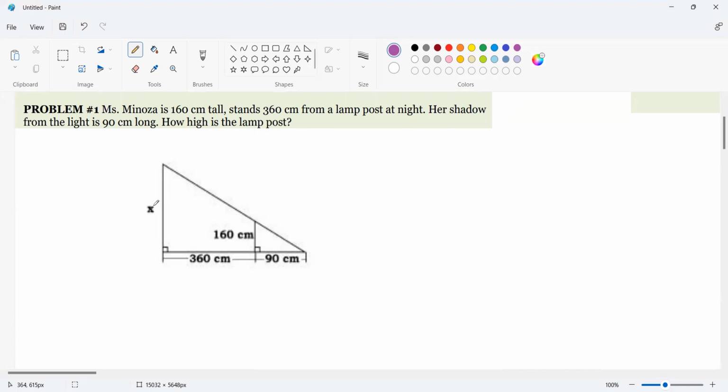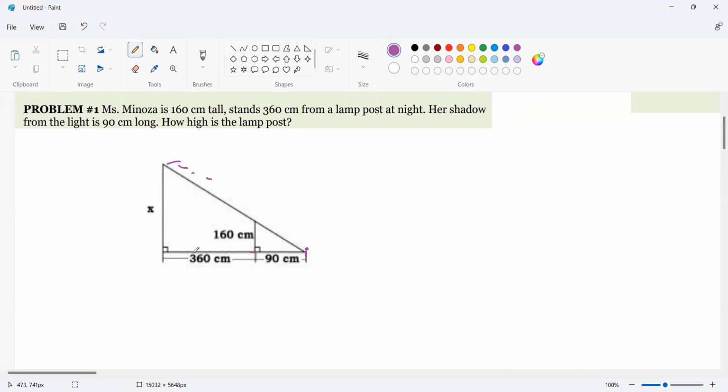And x is how tall the lamp post is, so we need to solve for that. This 90 here is her shadow from the light. From here to where she is standing is 90 centimeters.